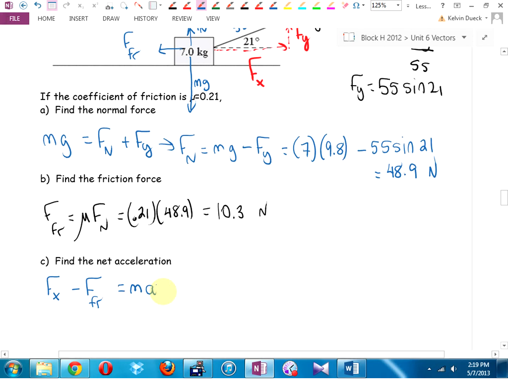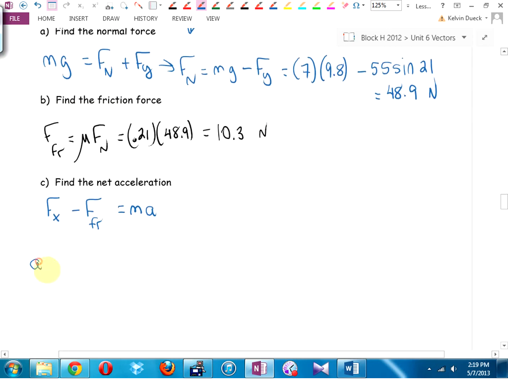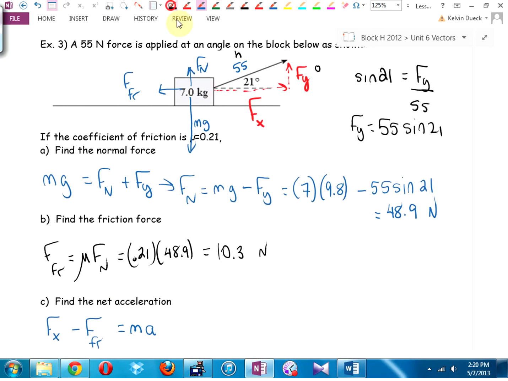Kelly, how would I get the a by itself, since that's what they're asking me to find? So if I hear you correctly, a equals Fx minus friction divided by m. Oh, problem. I don't know Fx yet. Back to my little free body diagram. Fx is adjacent. 55 is still hypotenuse. Which trig function can I use to find Fx? Cos.